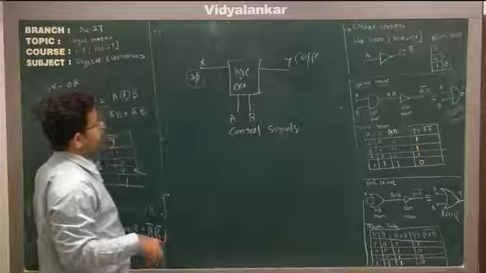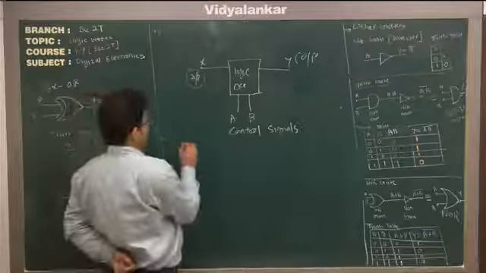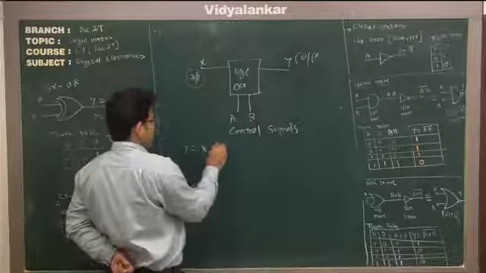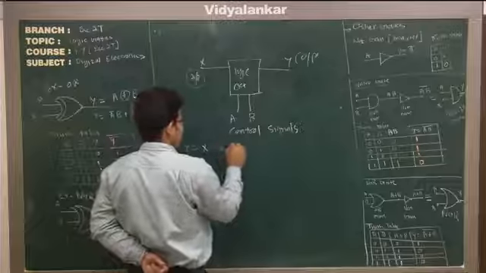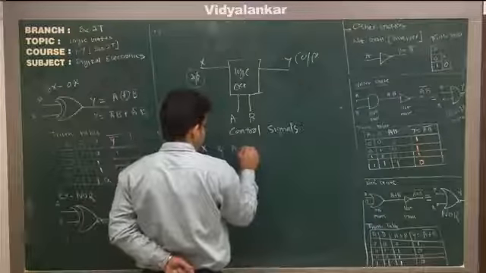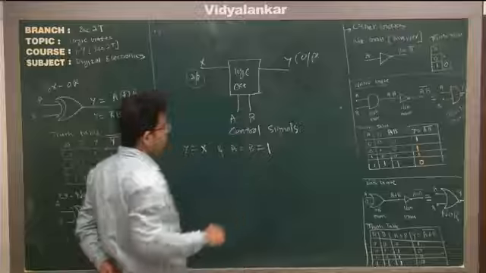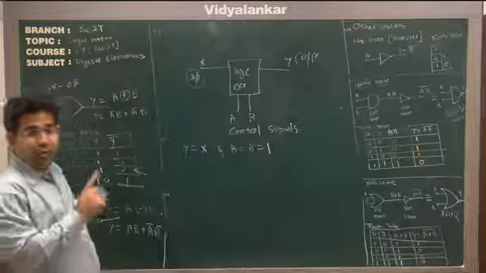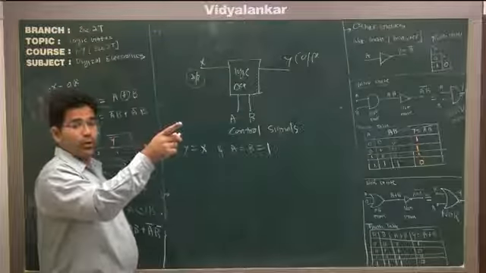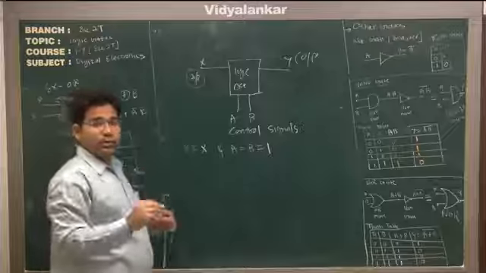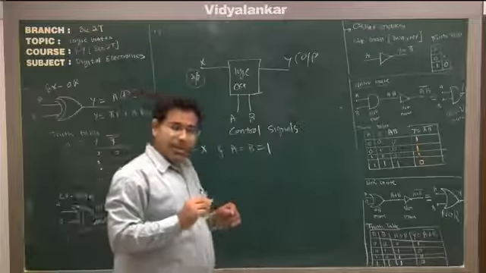Okay, so this circuit you have to design. Condition is that Y is equal to X if A is equal to B equal to 1. That is, our input is transferred to output when both the control signals are 1.